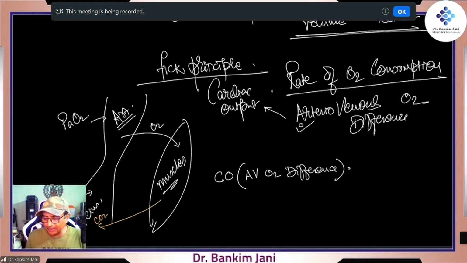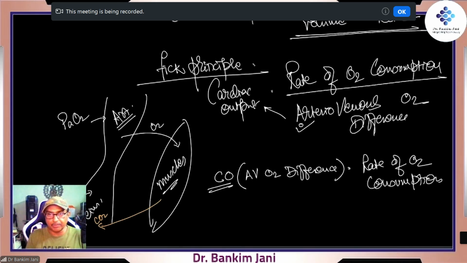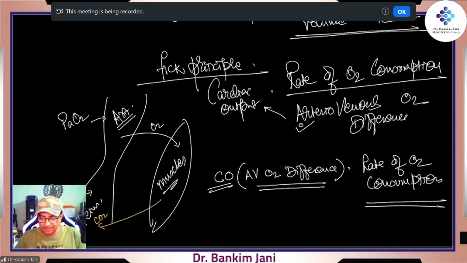So that would be nothing but rate of oxygen consumption, right? So every time heart is throwing the blood in 1 minute, we are calculating in 1 minute. And in that minute, how much oxygen is utilized? That is the rate of oxygen consumption. So this is how we'll keep on manipulating this particular equation when we have to calculate several things.